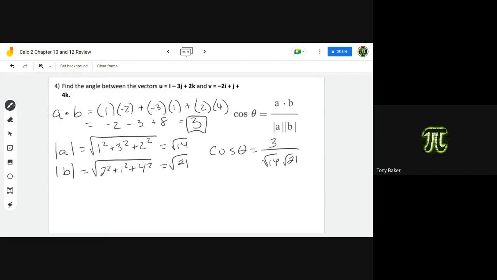Since you have to do this as an arc cosine anyway, I wouldn't go through and deal with simplifying down the square roots, because you're going to have to put in a decimal anyway to do the arc cosine. So I would just go to Desmos and type it in like that. So arc cosine of 3 divided by the square root of 14 times the square root of 21.